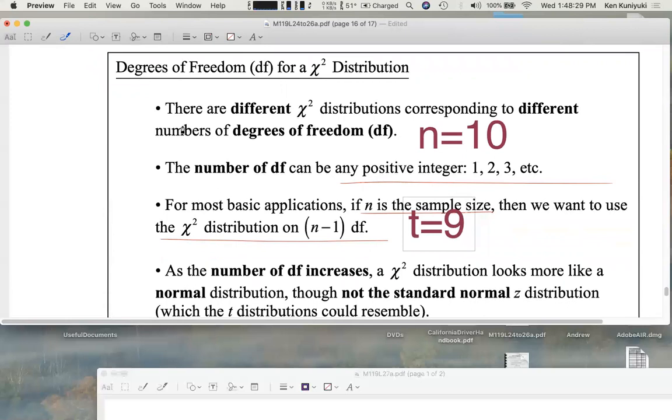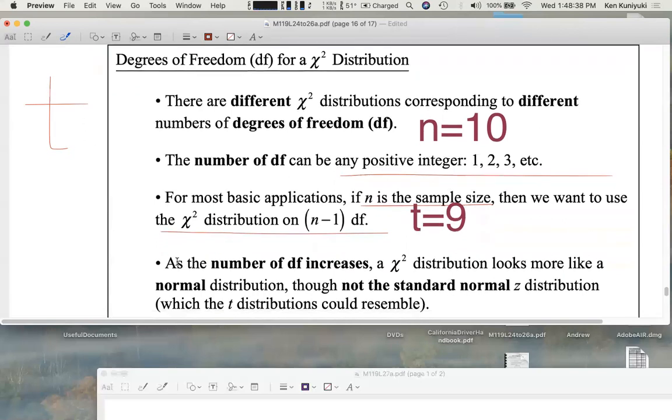So far, I've been talking about some similarities between the chi-square distributions and the t distributions. And like for the t distributions, as the number of degrees of freedom increases, a chi-square distribution will look more like a normal distribution. Now, the t distributions look more and more like the z distribution, the standard normal distribution, as the number of df approaches infinity.